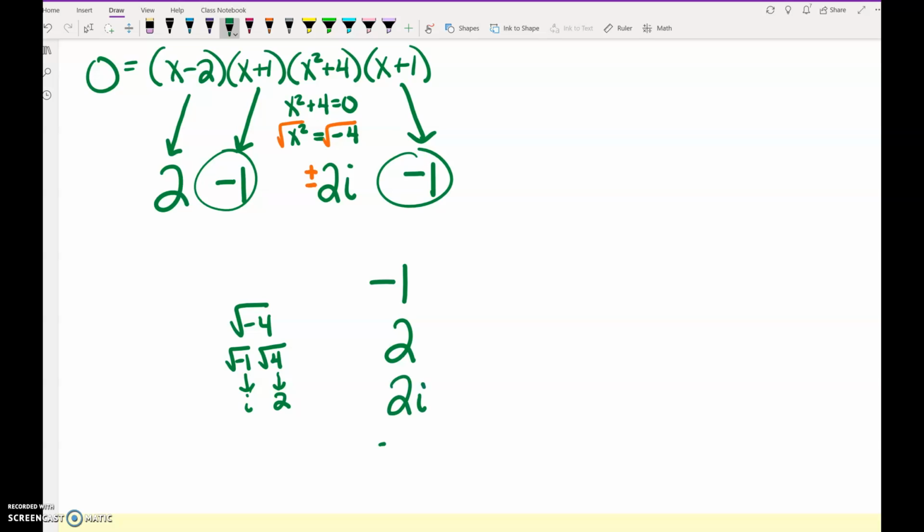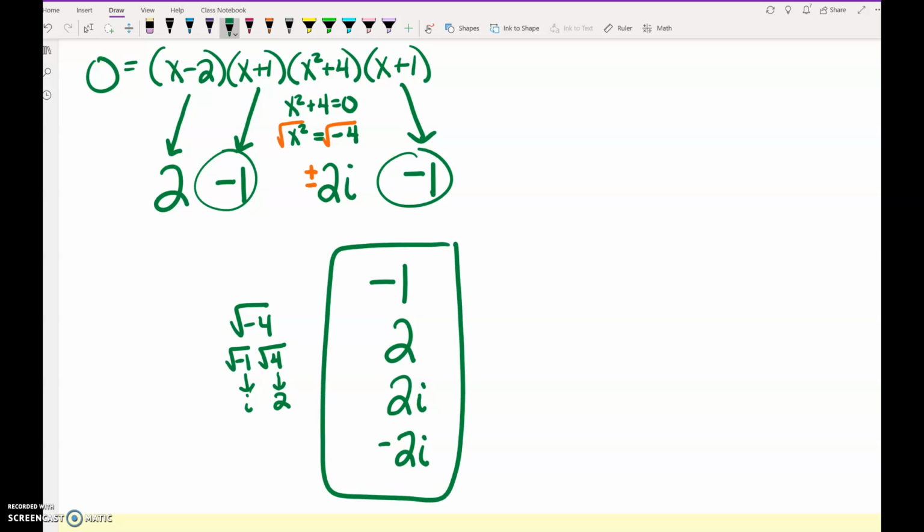Positive 2I and negative 2I. There are technically 5 solutions here, but negative 1 just happens to be a solution more than once. So it's included in that grouping. And now we are done. X equals negative 1, 2, positive 2I, and negative 2I.